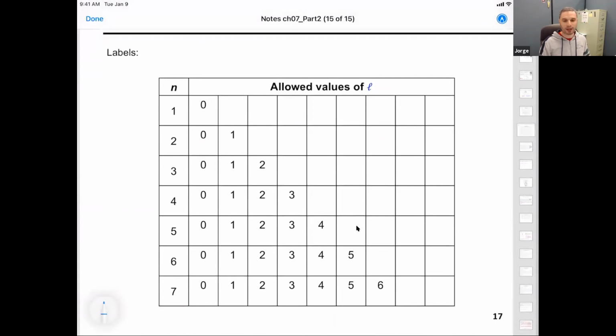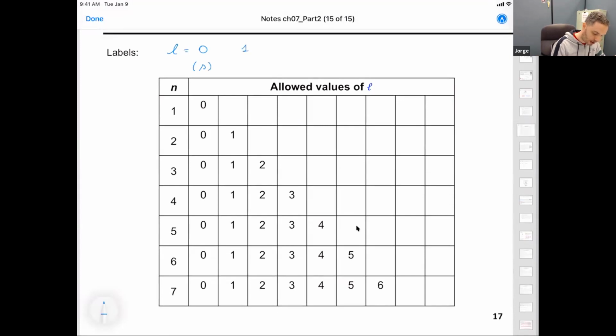So each value of L receives a label, and this label is going to be a letter. For L equals 0, that's going to be called s orbital.